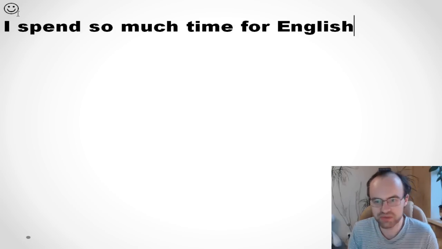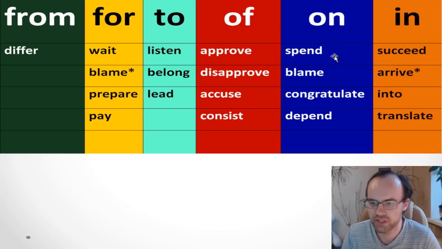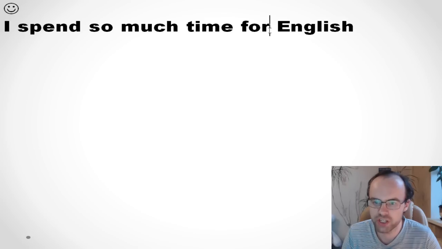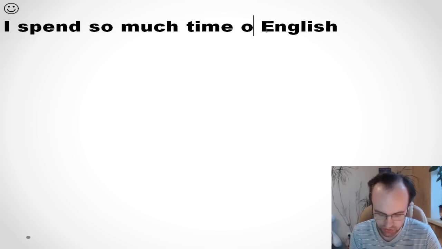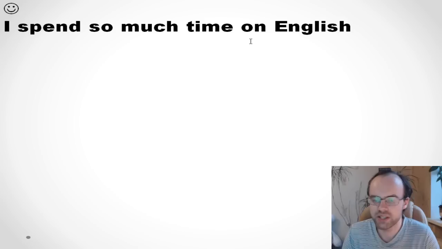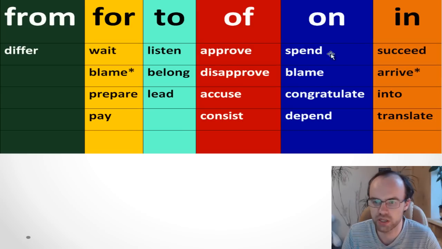Or I spent so much money for English. But my friend, you need to remember, say spend on. You need to say, I spent so much time on English. Or I spent so much money on it. Spend on. It's a very common mistake.